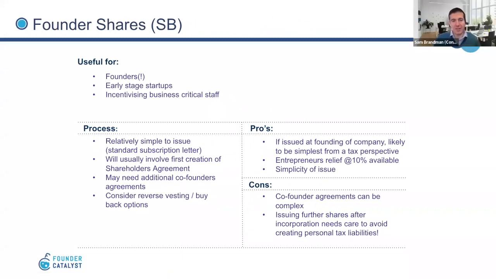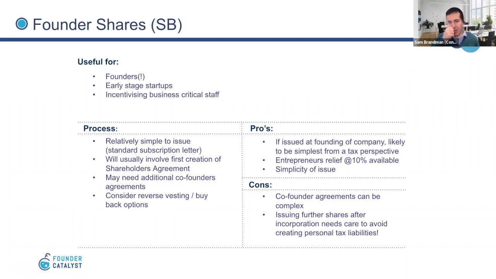Okay, so founder shares. So who's it useful for? Well, founders. The advantage of issuing shares on day one is that you don't have any tax implications of doing that. And you may want to give these for business critical staff. They're usually fairly simple to issue because you just use a few standard forms.